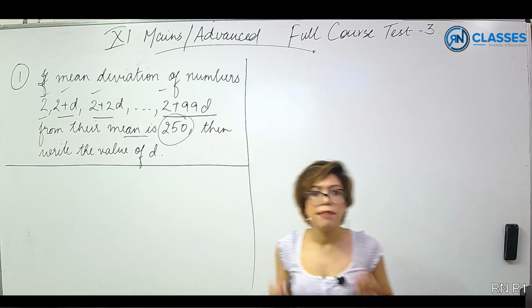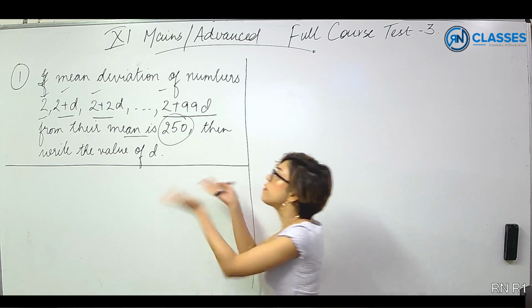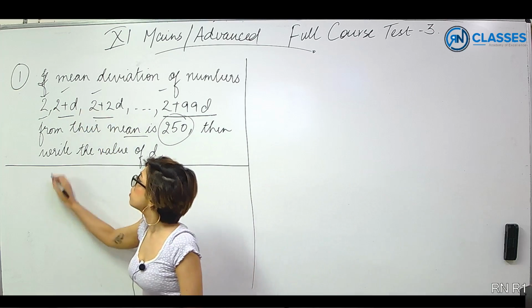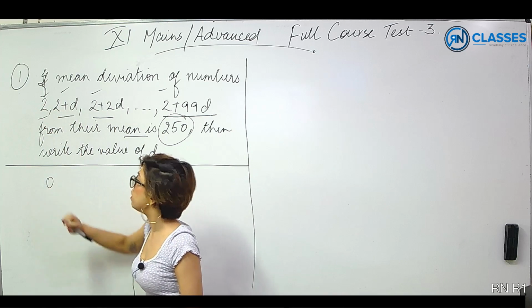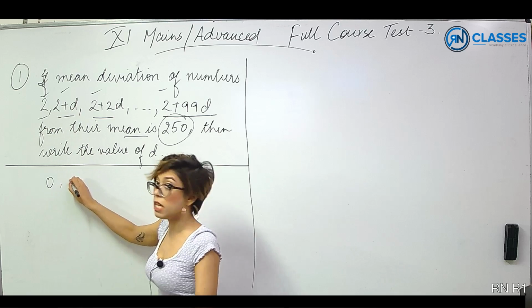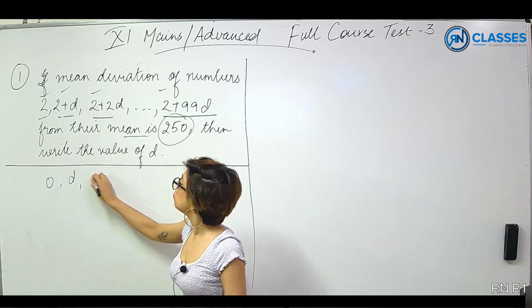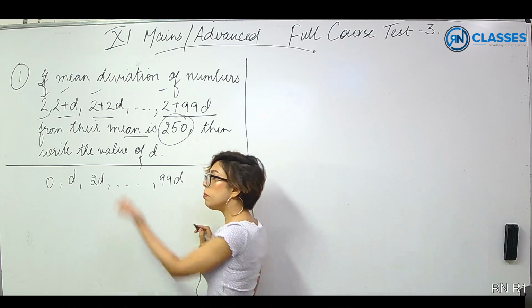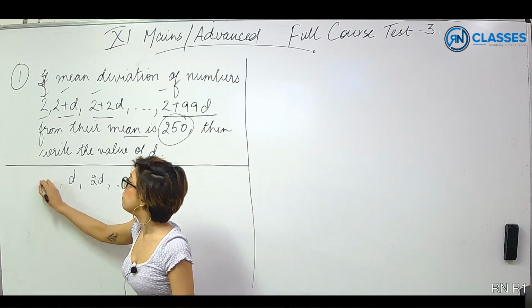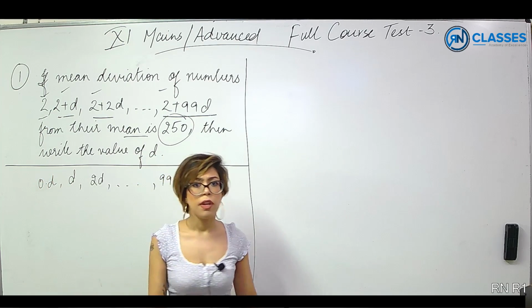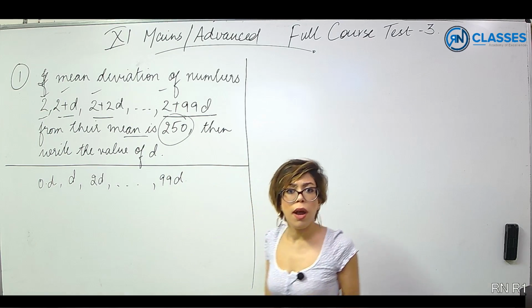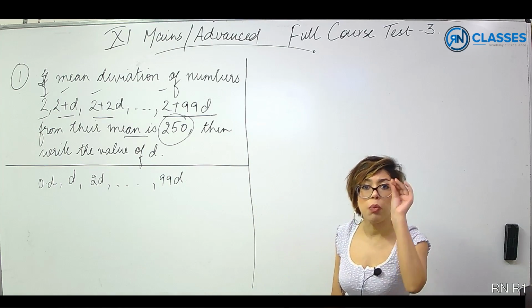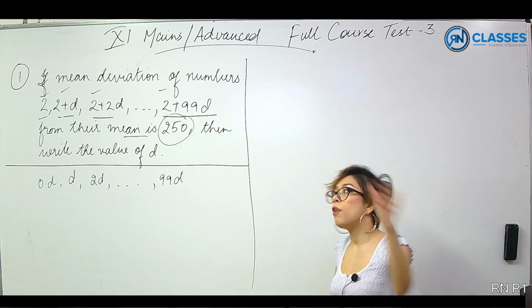Since I want mean deviation from the mean, why can't I just find the mean deviation of these observations? 2, let it be 0, and then I will say 1d, so just d, then 2d, and so on till 99d. And in order to make it more pretty, I can just say this is nothing but 0 instead. Right? Now you'll say what happened to the 2. Mind it, since I just want the mean deviation, let's remember the formula for mean deviation.